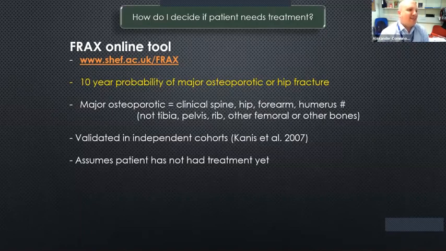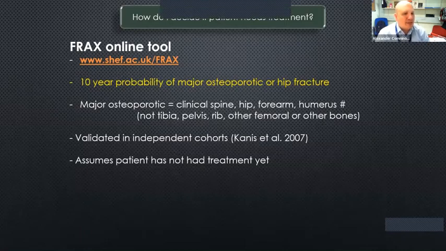You may notice that this does not include the tibia, the pelvis, the ribs, other femoral sites, or other bones in the body. The reason is due to the way the database was constructed and the information that was used. You can calculate these probabilities based on studying populations in, I think, about 67 countries now that have data available, and you can calculate the risk of fracture based on this data.